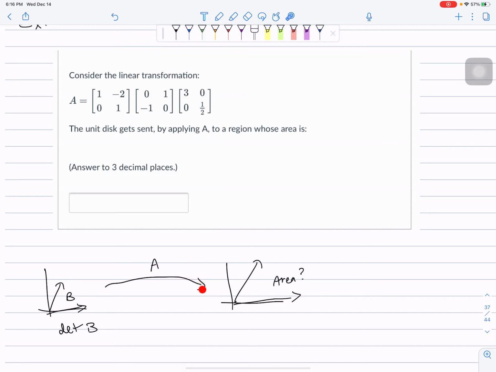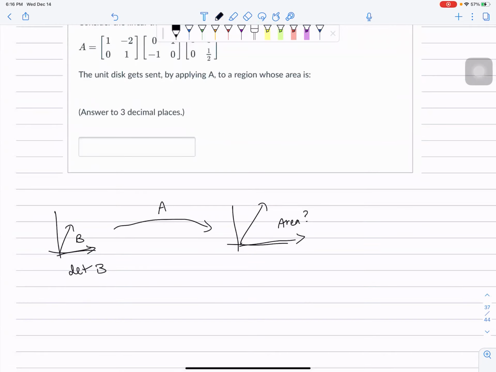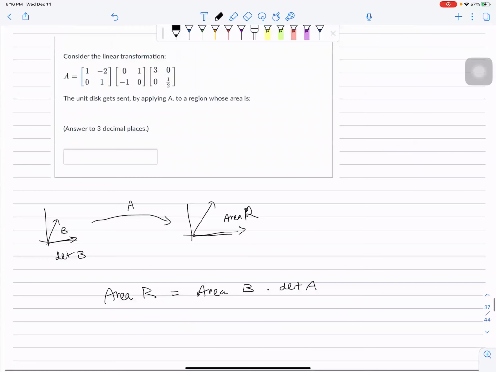So in other words, let me call this R, area of R. Area of R is going to be area of my first shape B times the determinant of A. So in order to get the area of my new shape, I take the area of my original shape, which is the determinant of B, times the determinant of whatever my transformation is.